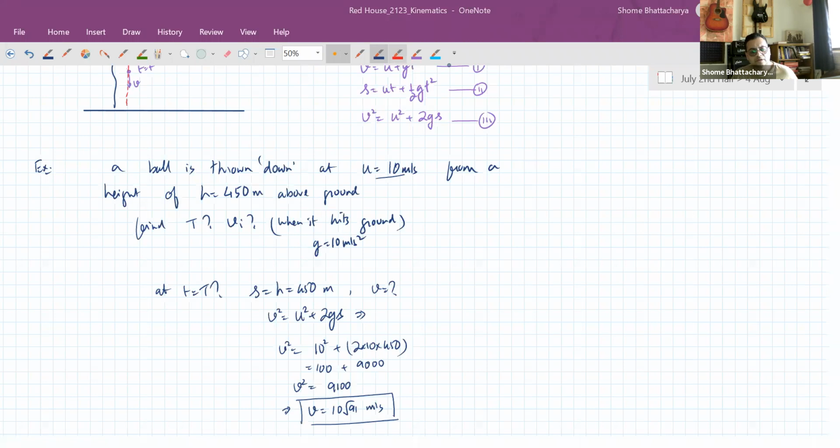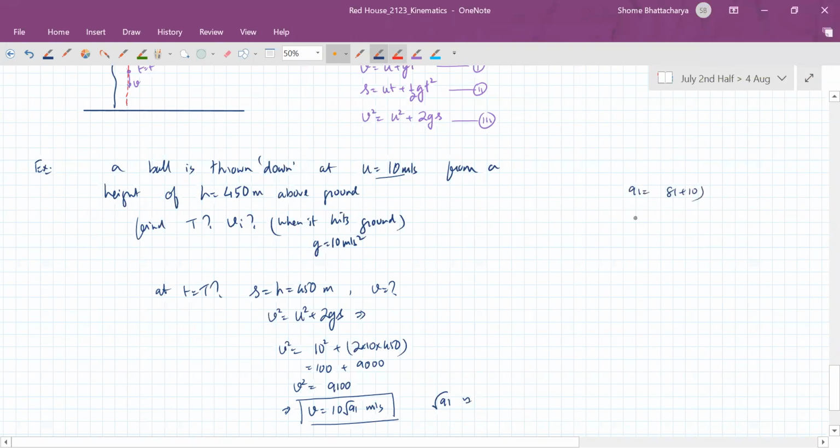Yeah, so root 91 we can calculate, it will be 9 point something. See, 91 we can write as 81 plus 10. 9.5 something. Yeah.